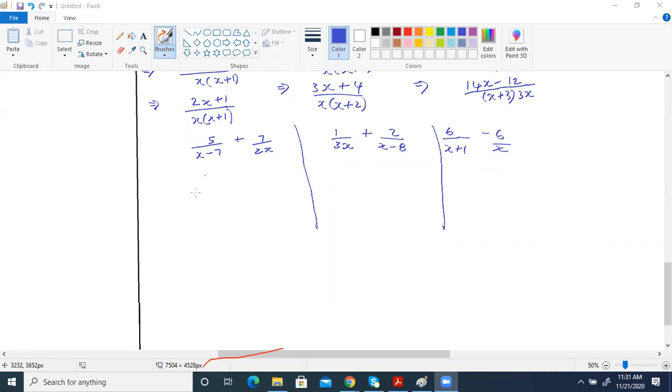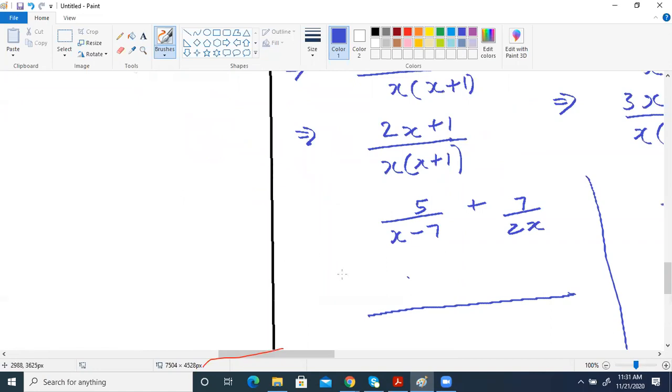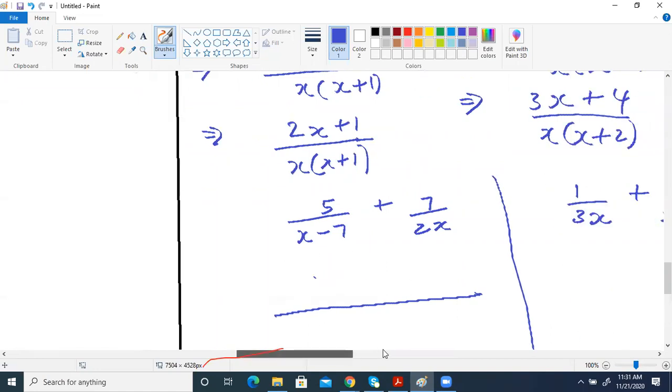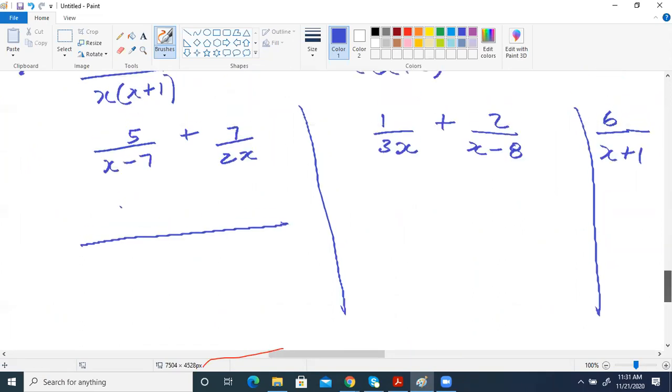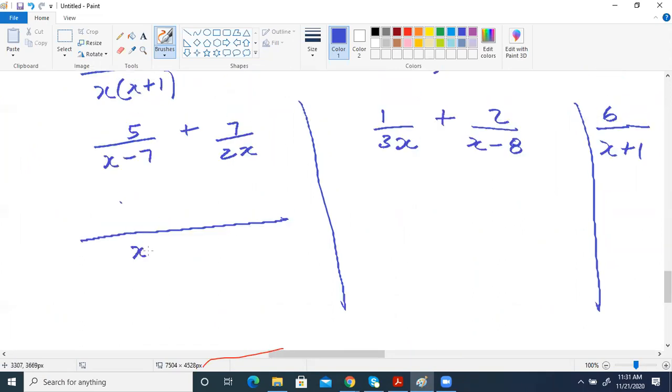All right, let me see. The LCM, let me try and make this bigger. The LCM for this is straightforward. So x minus 7 into this is 2x, so we get 10x, and then we get x minus 7.